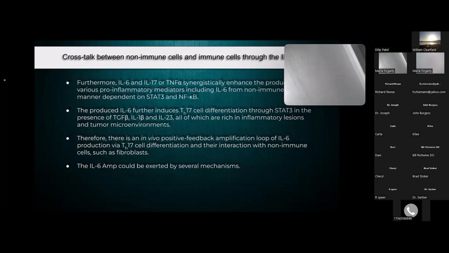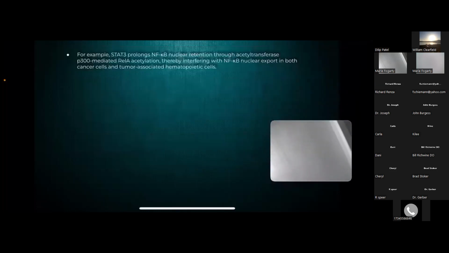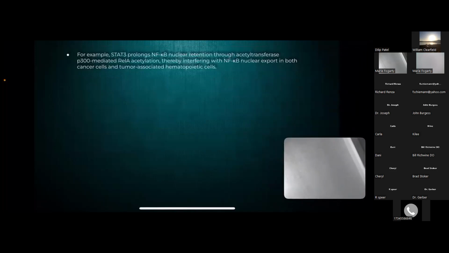The interleukin 6 amplification could be exerted by several mechanisms. We know that. For example, STAT3 prolongs NF-kappa beta nuclear retention through the acetyltransferase P300 mediated RelA acetylation, thereby interfering with NF-kappa beta nuclear export in both cancer cells and tumor-associated hematopoietic cells.